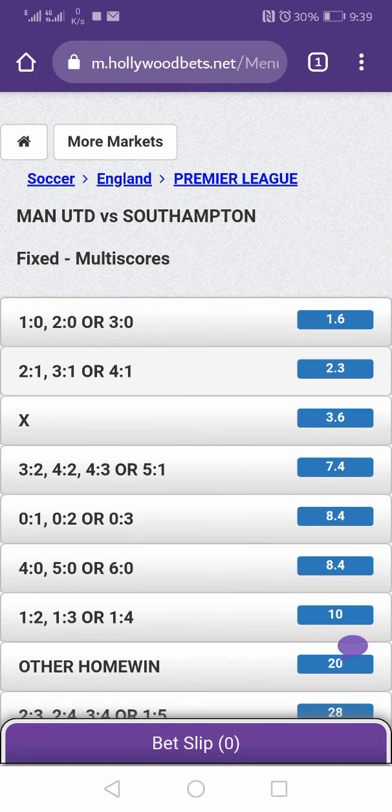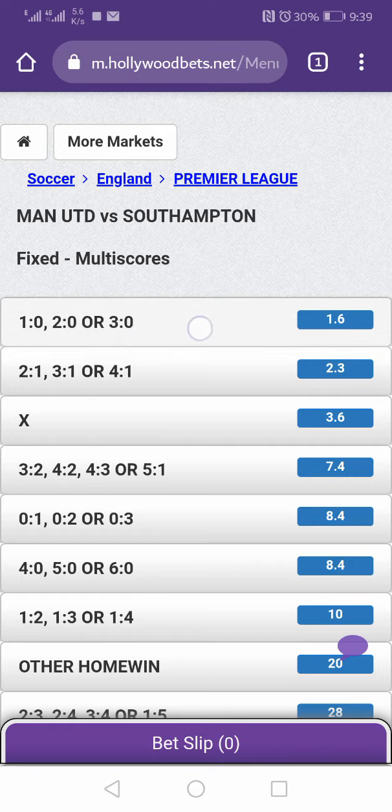So you're saying Manchester United in this match might win by 1-0 or 2-0 or 3-0. You're so confident that Manchester United will win and the other team will not score, but you're not sure if Manchester United will score 1, 2 or 3 goals. When you're not sure, then you select this market.